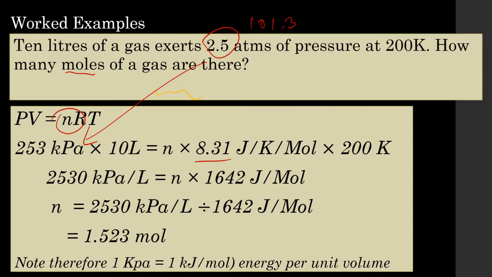Now this is interesting: you can see that 1 kilopascal litre is a certain amount of energy or work, and that's 1 joule. So a joule in this case is 1 kilopascal litre.